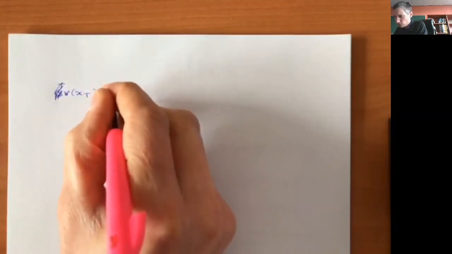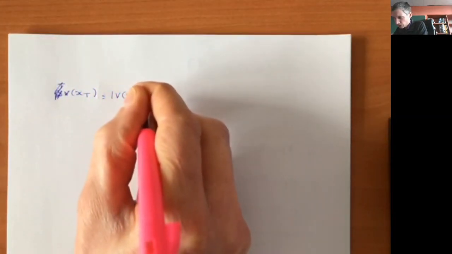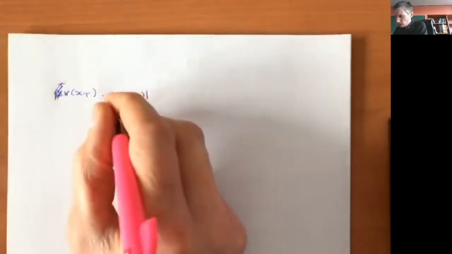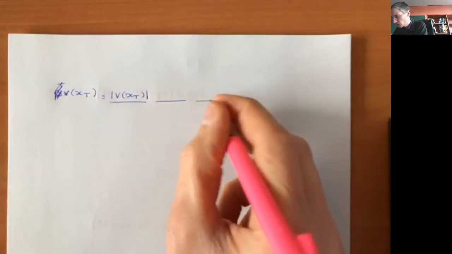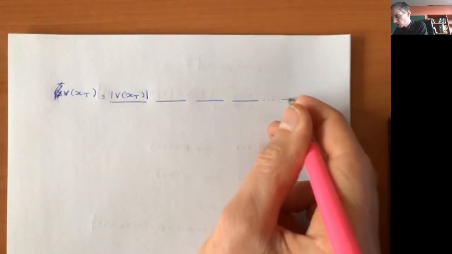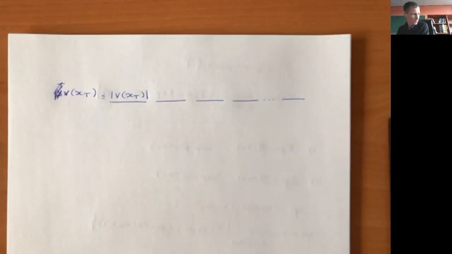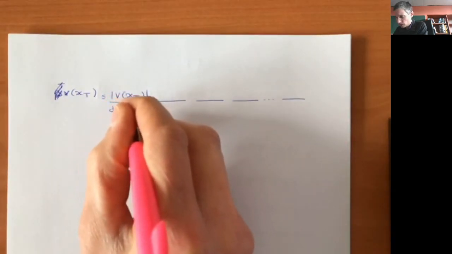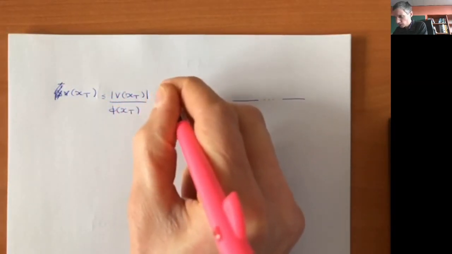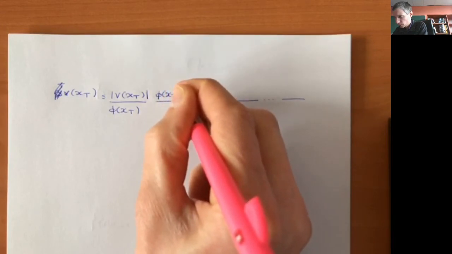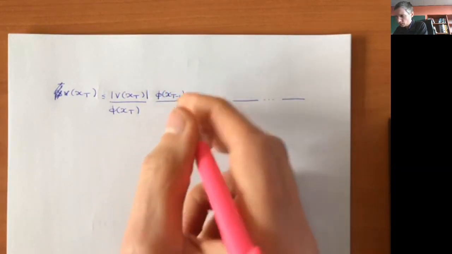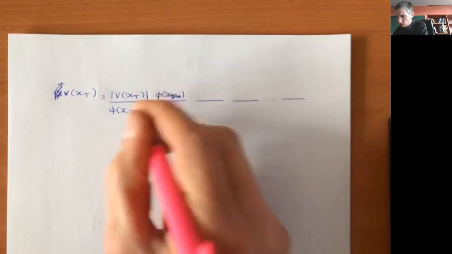Beta to the power t of v of xt. All right, so let's first focus on this one. I know that this is less or equal to the absolute value of v of xt. And now I'm going to divide and multiply over and over again. So divide by phi xt, multiply by phi xt, because this is 1.